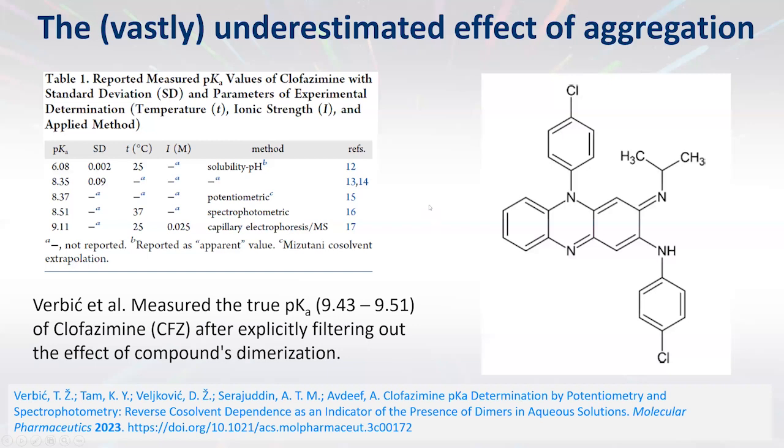Another mechanism came up this year in a very impressive work. The team of Professor Verbich has studied aggregation of clofazimine. And they were not happy with the reported pKs in the literature for this compound.